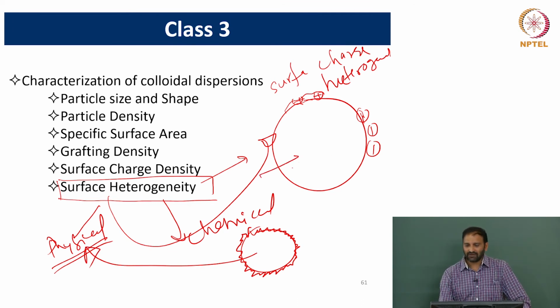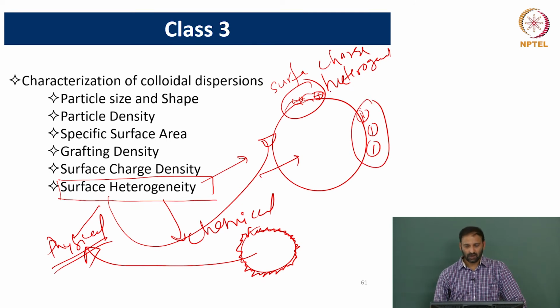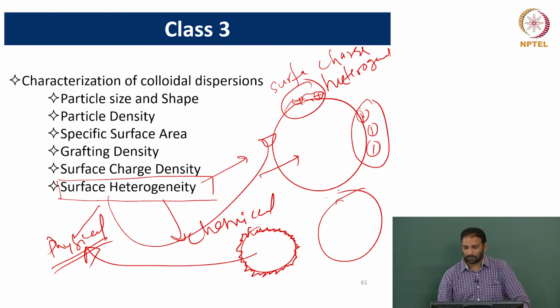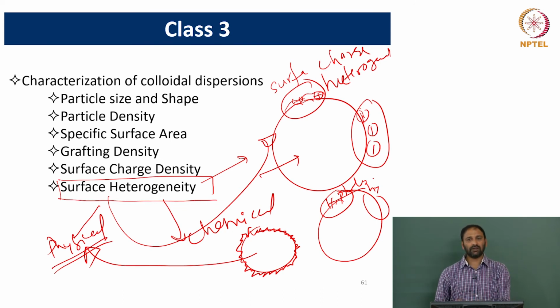Or you could have a case like this where I have patches on the particle surface where things are positively charged and patches where it is negatively charged. Or you could also have a patch which is hydrophilic and a patch which is hydrophobic. These are examples of chemical heterogeneity, and one also needs to characterize them.